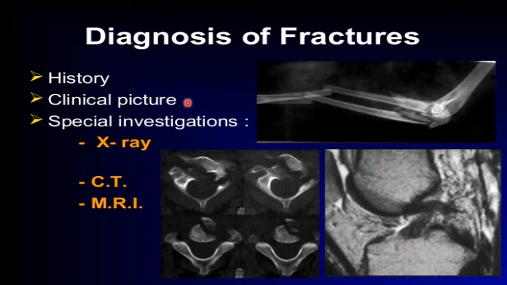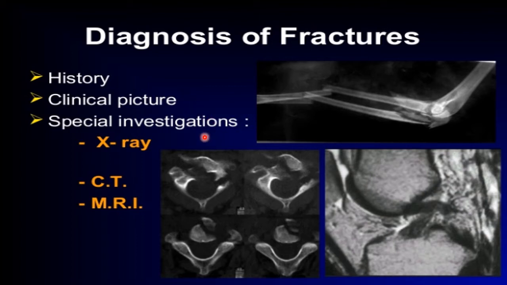Then the clinical picture, as we discussed previously: pain, swelling, bruising, deformity, loss of function, and bone crepitus would give away that there is an underlying fracture.